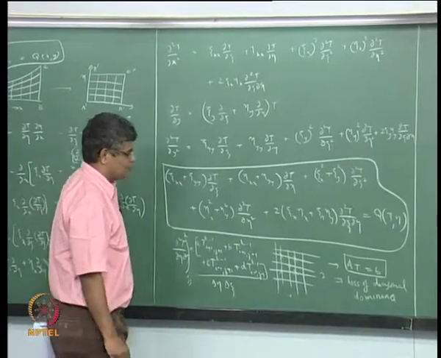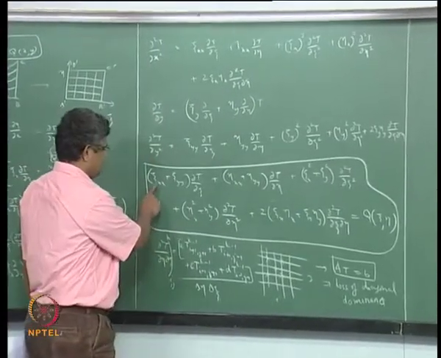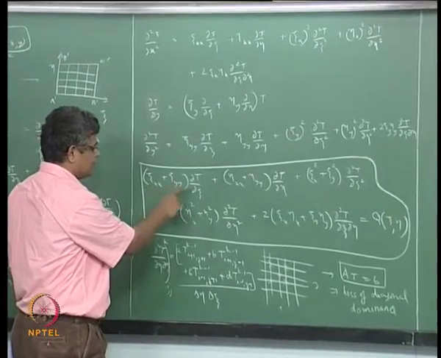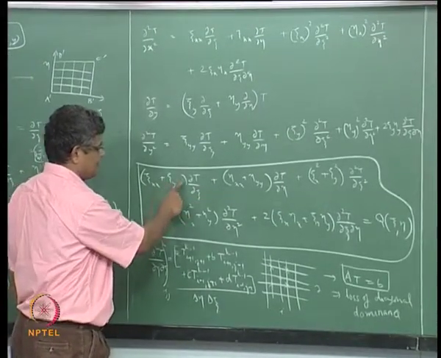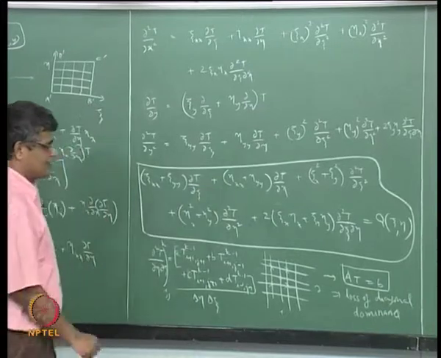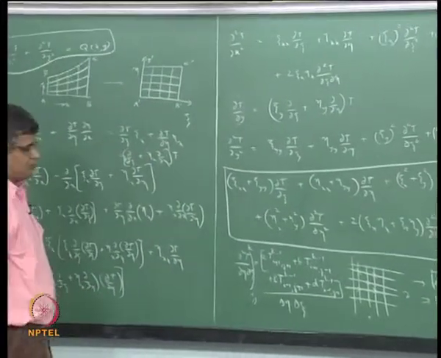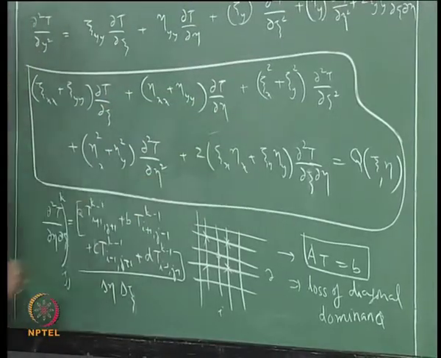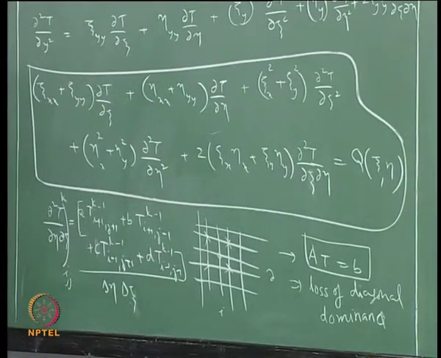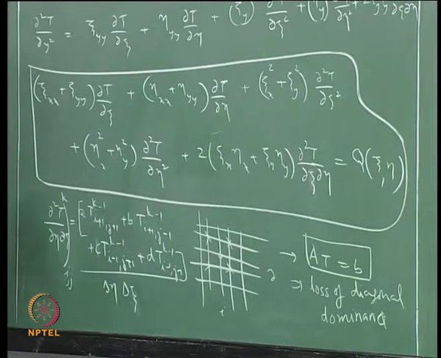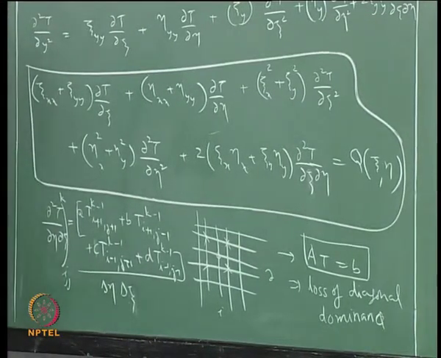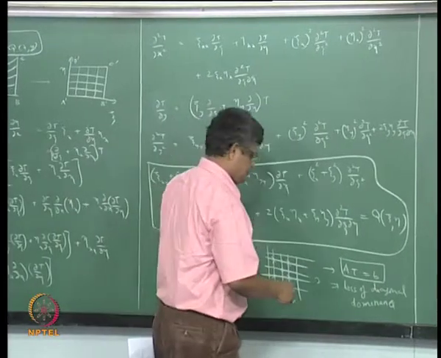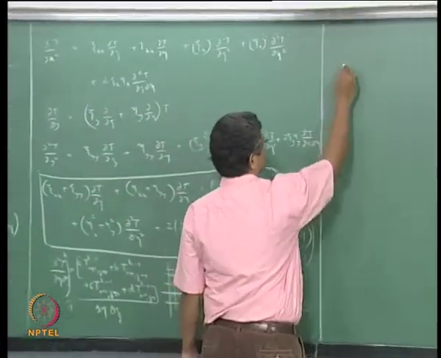And finally, what we also see is that there are first derivative and second derivative of the grid coordinate transformation that are coming into the picture, and for these things to be faithful to the original equation, we should have a smooth grid, okay, smoothness of the transformation.